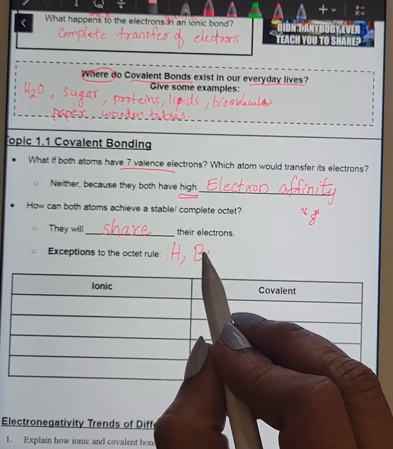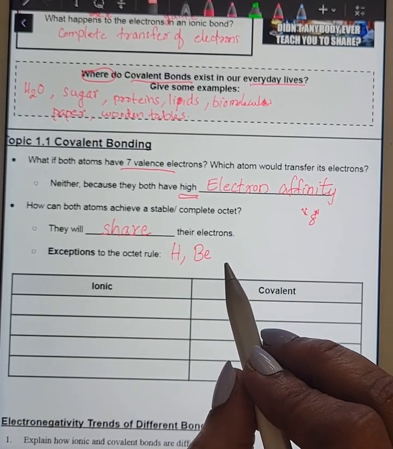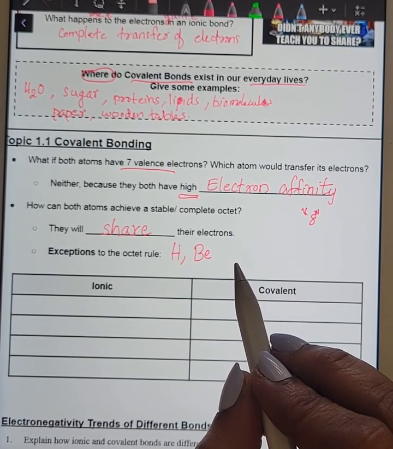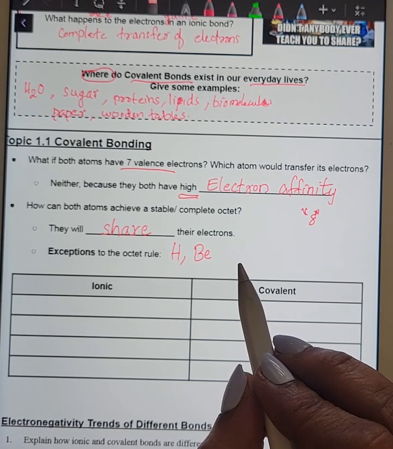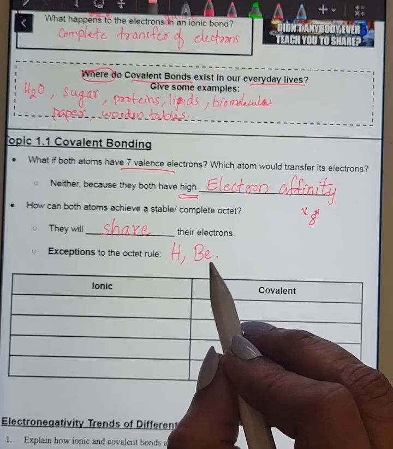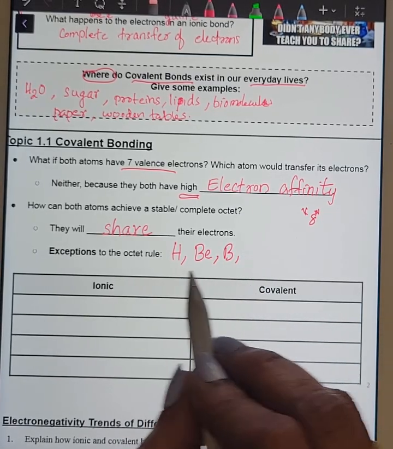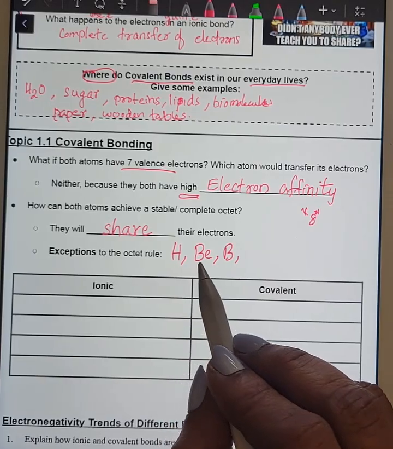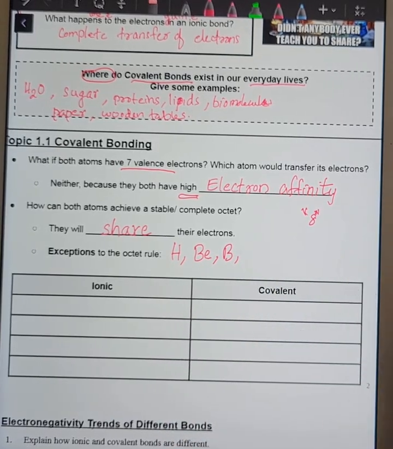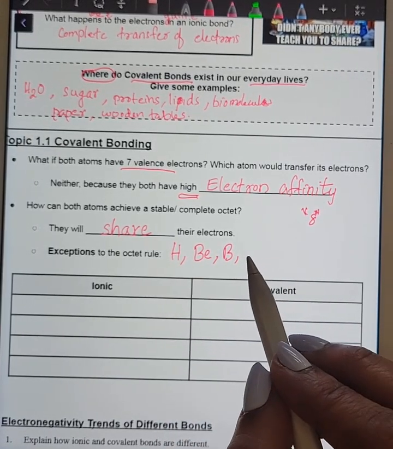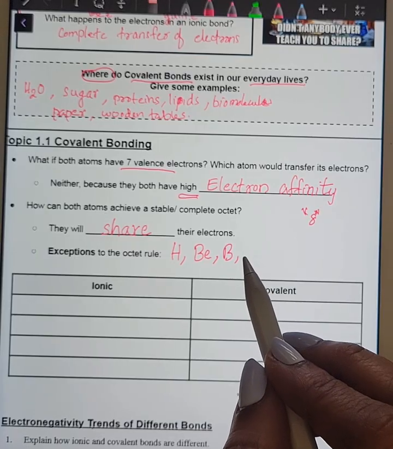But beryllium, even though it is a metal, has higher ionization energy. So most of its compounds share electrons. So beryllium, boron, these 3. Hydrogen, beryllium, and boron. Helium is also there, but I am not writing helium because helium won't usually react.